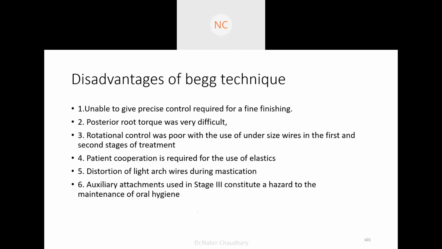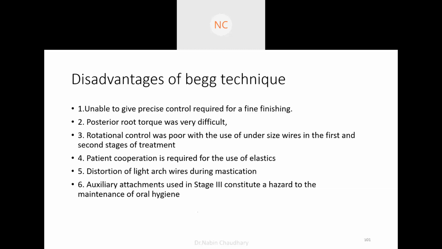Patient cooperation is required for the use of the elastics. Since a round arch wire is used, distortion of the arch wire may take place during mastication, and the auxiliary attachments placed during stage 3 may hamper the maintenance of oral hygiene.